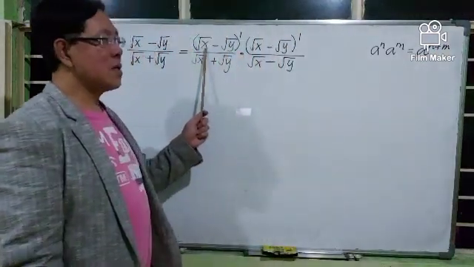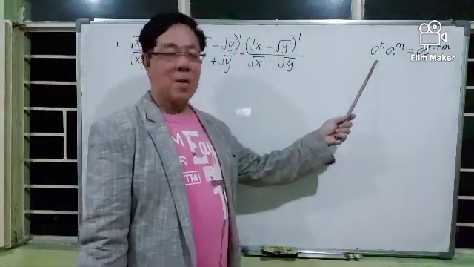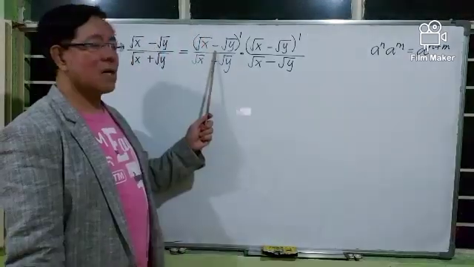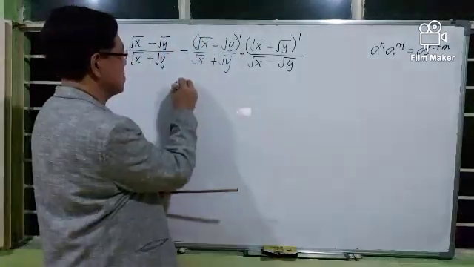In our example, the common base a is square root of x minus square root of y.